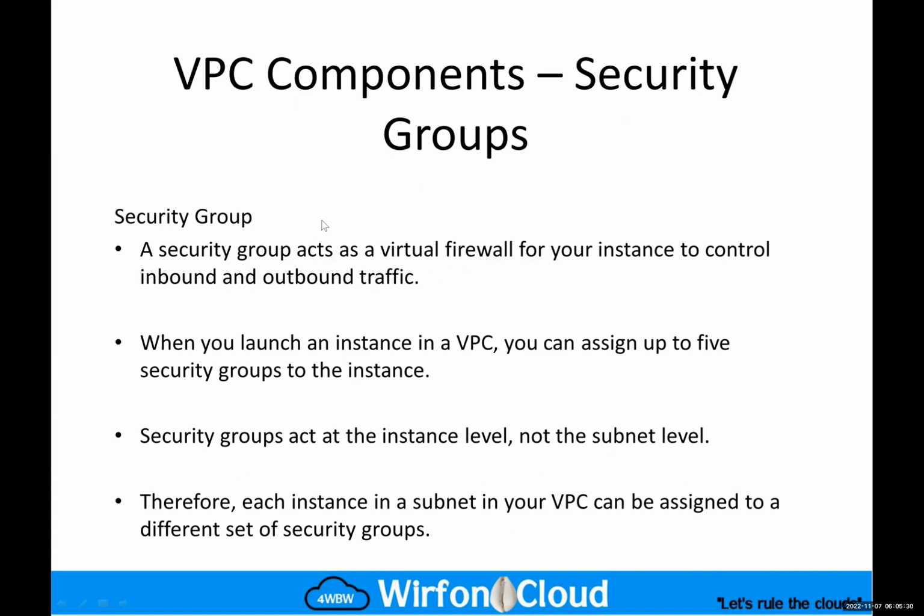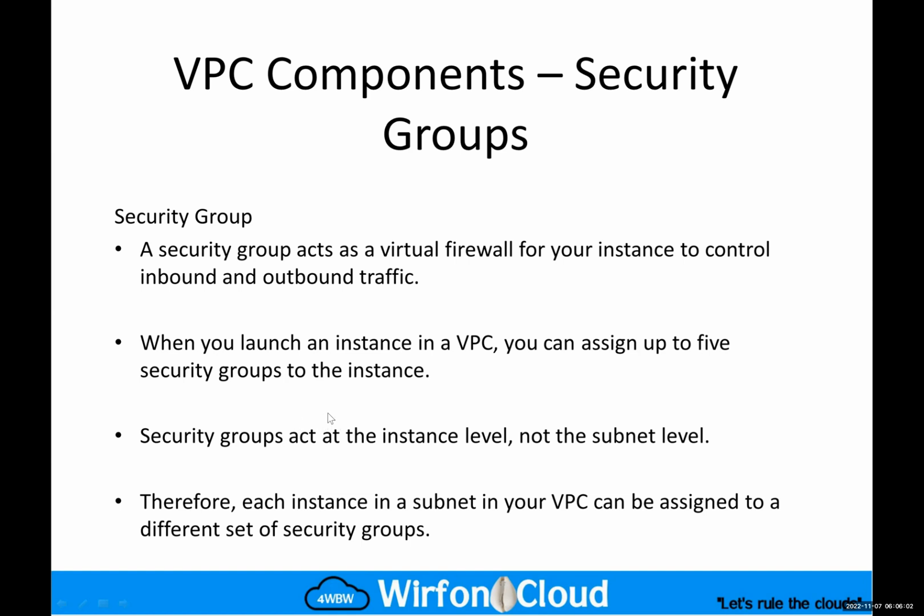We also have what are called security groups as part of our VPC components. They also act as a firewall, but to control access not to your VPC, but to instances or resources within your subnet. So security groups are not attached at the subnet level or VPC, but to particular resources within the subnet.